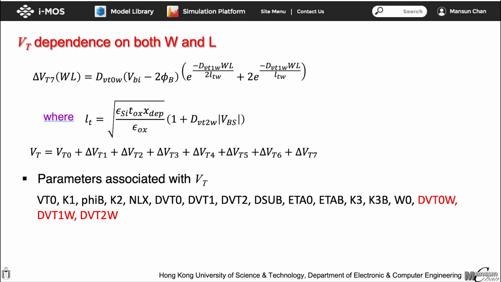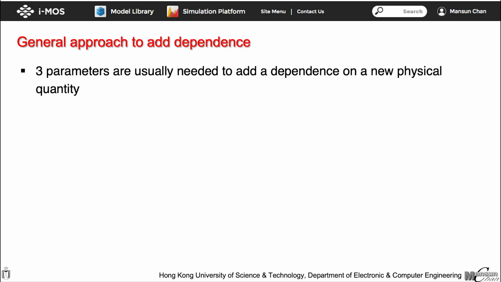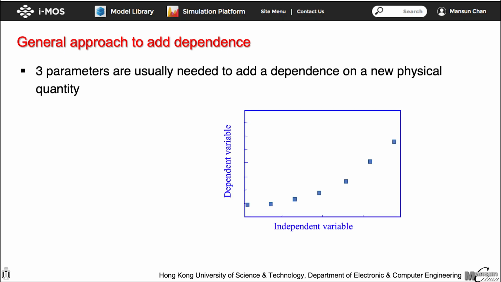The process can continue by incorporating the effects of other parameters on VT, such as temperature. By adding more parameters, we enhance the fitting capability and accuracy of the model. In this process, we usually add 3 parameters to account for the dependence on a new variable. This is because most physical quantities have a monotonic relationship with other parameters.